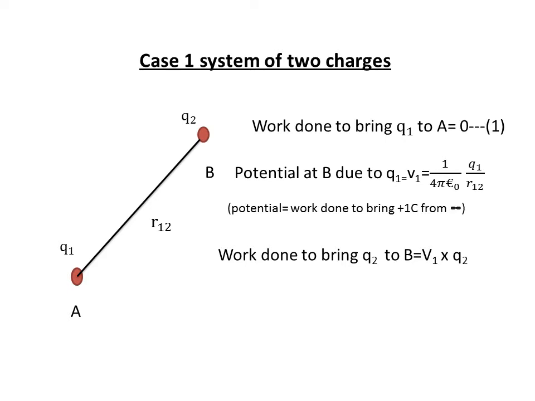So work done to bring q2 to B is equal to V1 into q2. That is 1 by 4 pi epsilon 0 q1 by r12 into q2, which is equal to 1 by 4 pi epsilon 0 q1 q2 by r12. This is equation number 2.